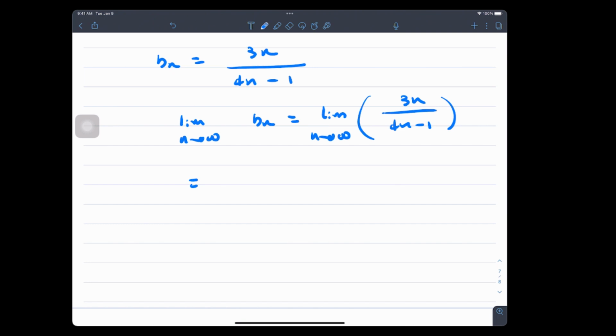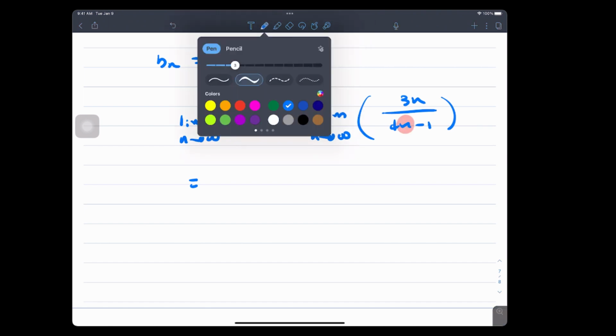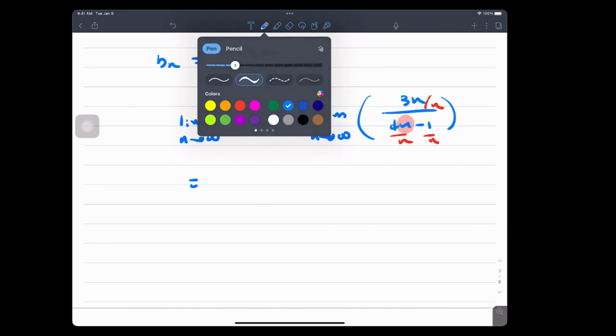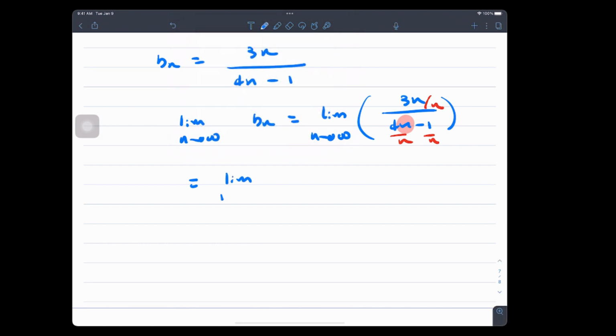Yeah, you can use calculus 1 or you can use calculus 2, right? You can divide every term by n, is that right? So I can even go back to calculus 1 for this. Here's the limit of 3 over 4 minus 1 over n. And what do you end up with? This is 3/4.